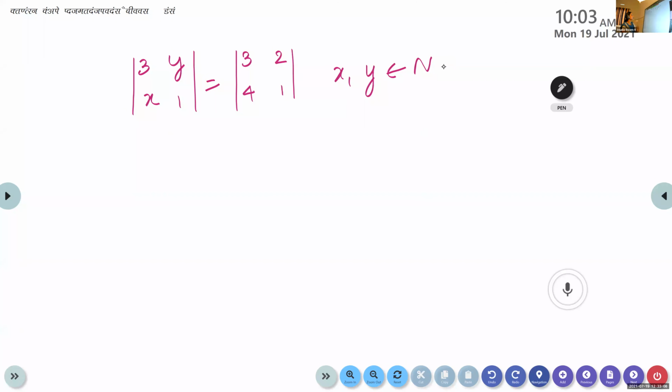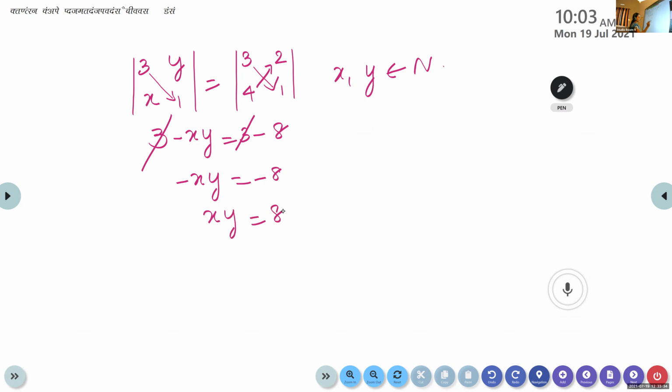So when you expand it, what will you get? Expand it. 3 minus xy is equal to 3 minus 8. So on both sides we can cancel 3. So we get minus xy is minus 8. So we get xy is equal to 8.